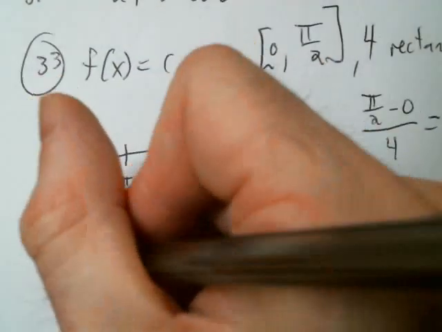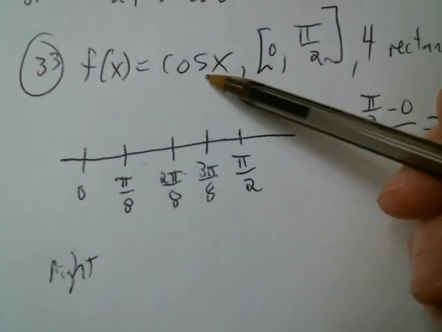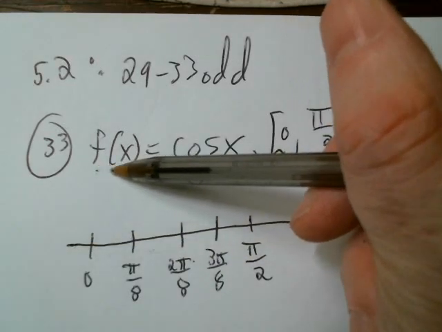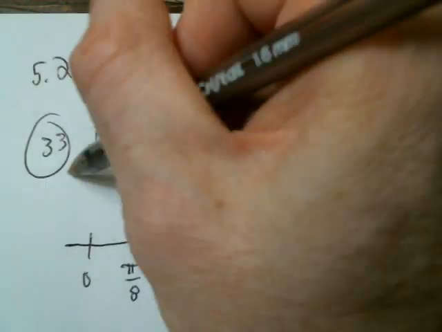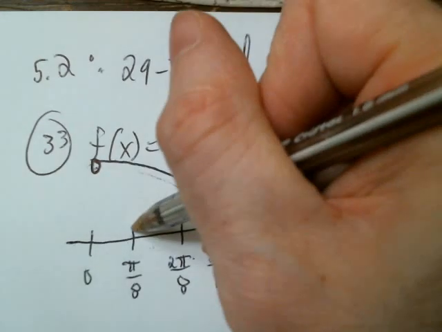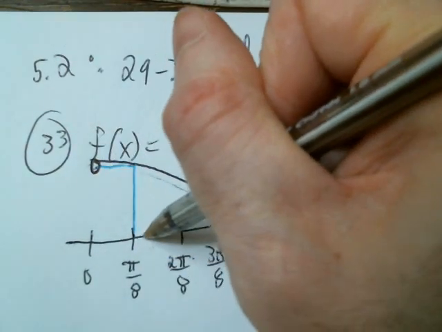Okay, so we want to do 2 different approximations for the area underneath this curve from 0 to pi over 2. And you kind of know what the picture is, right? It's looking like this, sort of. It has that shape. And so for the right endpoints, we're picking out these rectangles based off of the right endpoint.